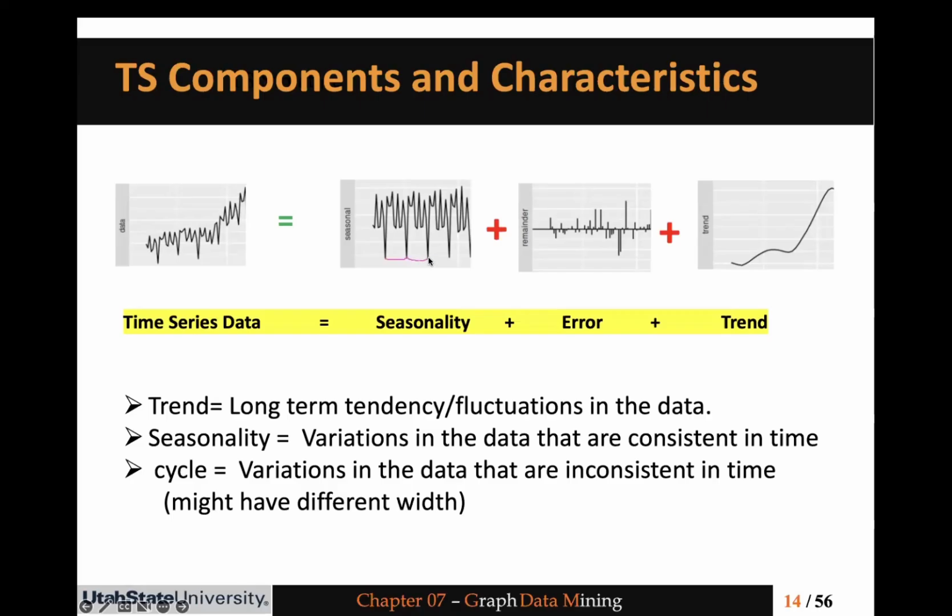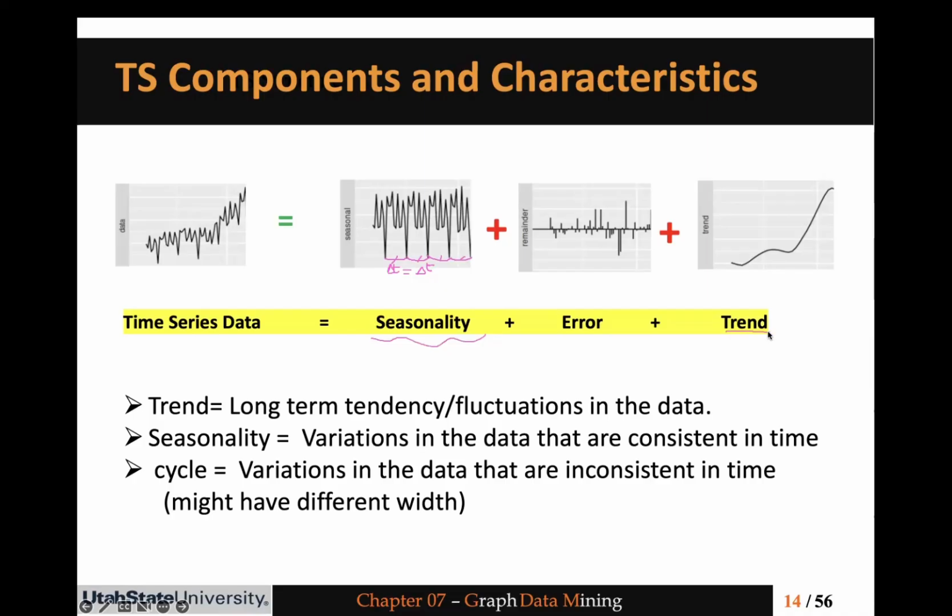The second pattern happens again in this small unit of time, etc. And if I were to draw them and find how long the first time unit is versus the second, the third and the fourth, the delta T's over here should be equal in terms of time. So in case we have an equality in terms of the time when the patterns are repeating, then we're talking about a seasonality component here.